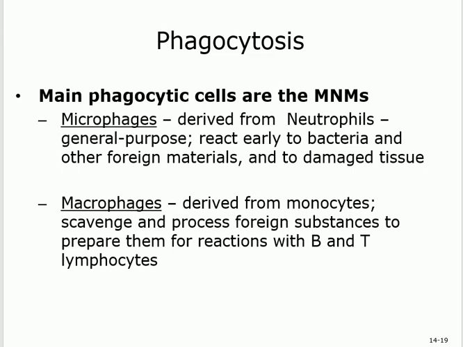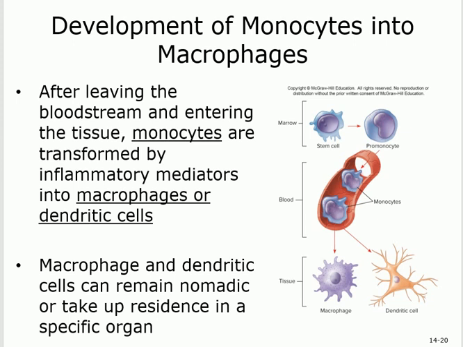And macrophages, they come from? Monocytes, yes, monocytes. So microphages come from neutrophils. Macrophages, the big ones, come from the monocytes. Okay? So microphages come from neutrophils when they react with bacteria or damaged cells. Macrophages come from monocytes.